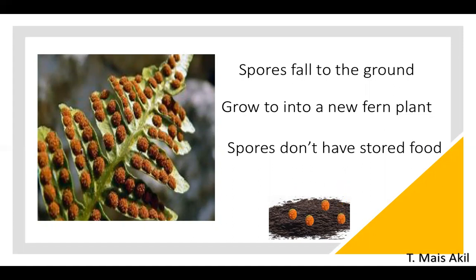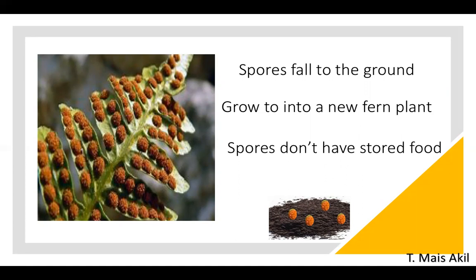And then the adult ferns make spores on the underside of their leaves. So it's a very simple life cycle. Again, the spores fall to the ground, then they grow into new fern plants.